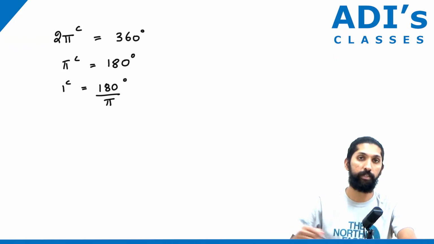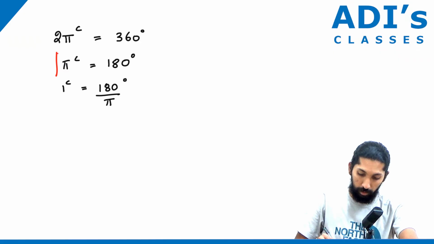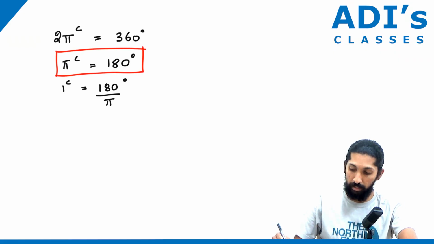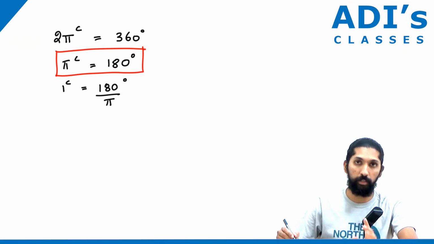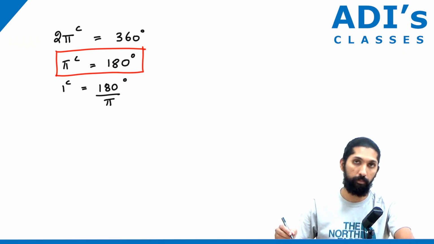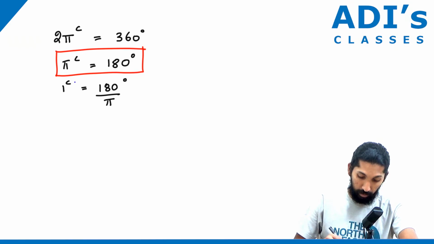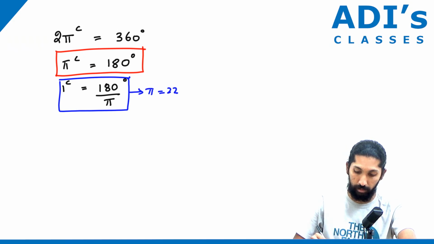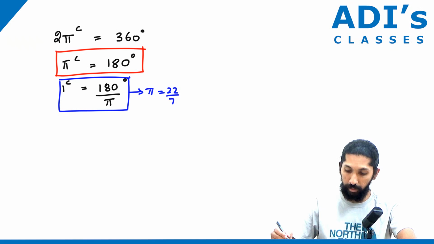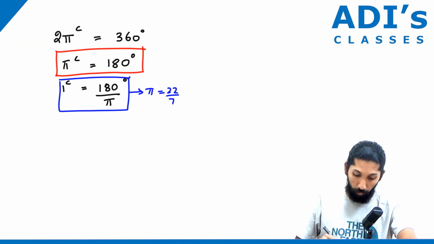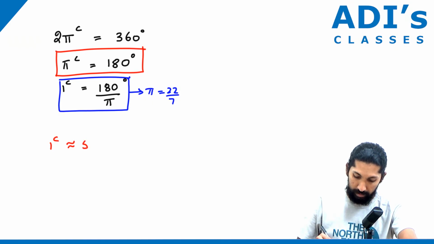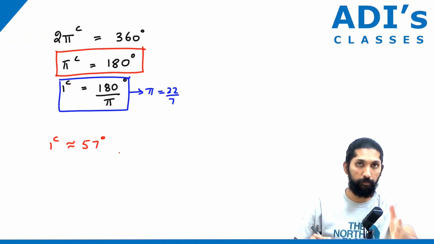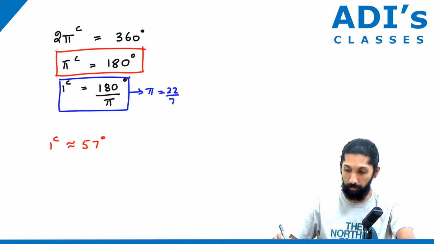Most of the times we use pi radian is equal to 180 degree. You can take pi as 22/7. Then 1 radian is approximately 57 degree and a few minutes.